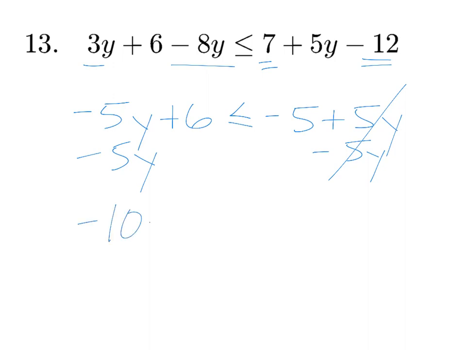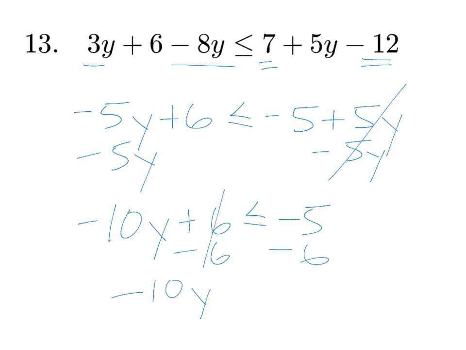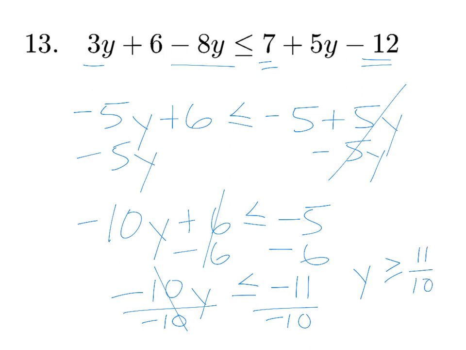So I have negative 10y plus 6 is less than or equal to negative 5. And I'll subtract 6. So I have negative 10y is less than or equal to negative 11. I divide by negative 10, and I get y is greater than or equal to 11 tenths. Done.